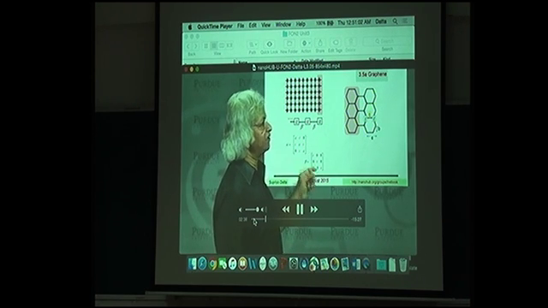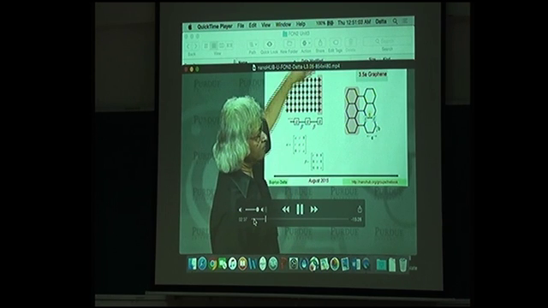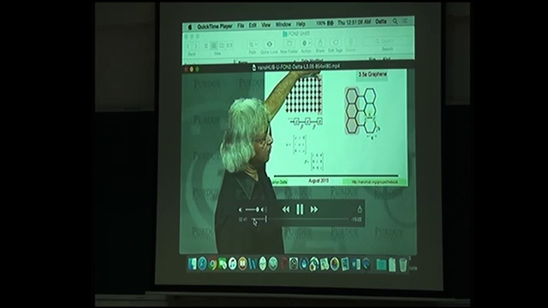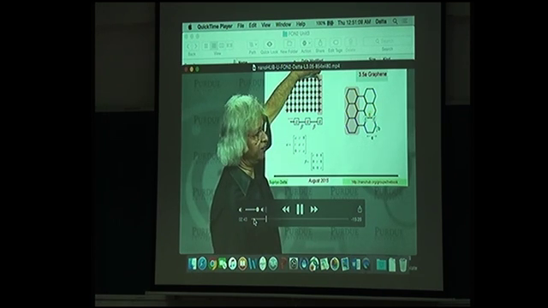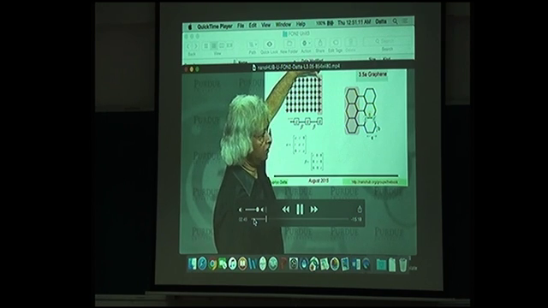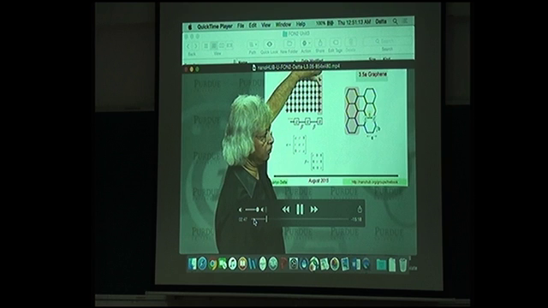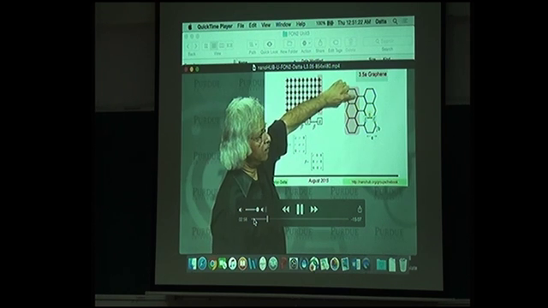Here beta was an identity matrix because every element in this column was connected to a corresponding element in that column. So 1 got connected to 1, 2 got connected to 2, 3 got connected to 3, and so on. Here it isn't quite like that. When you look at this column, you've got many elements here.